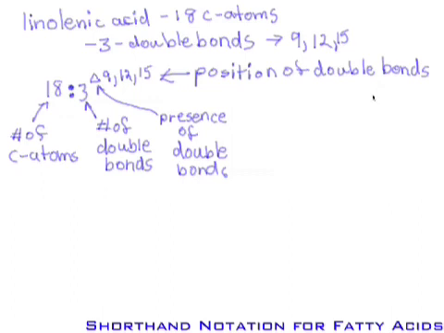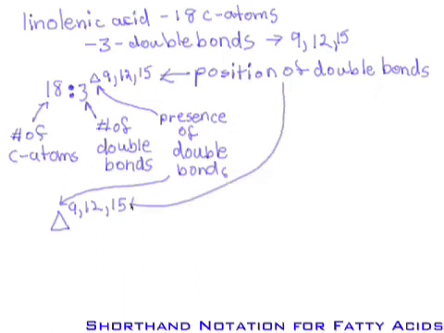This has also been written in a different format. You will also sometimes find texts writing a large delta with a superscript 9, 12, 15. Delta again indicates the presence of double bonds, and the 9, 12, 15 gives the position.